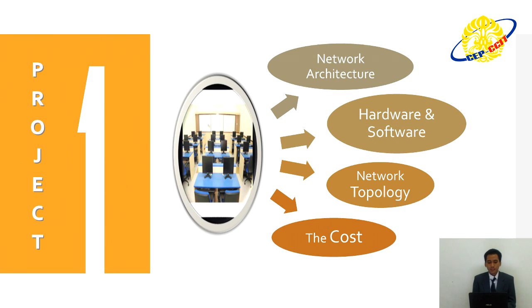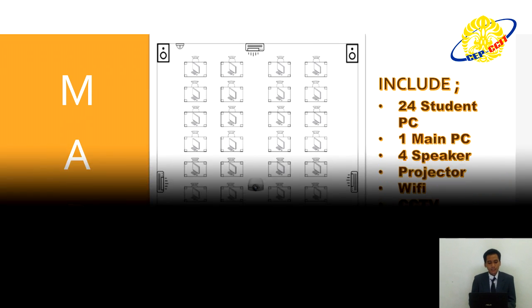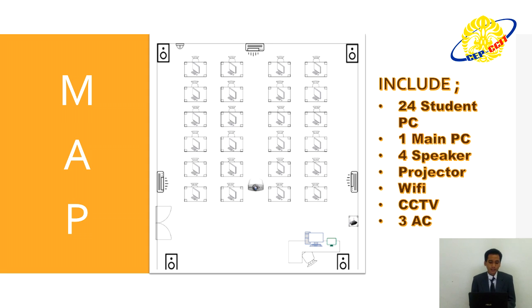Next page. In this project, we will talk about the network architecture, hardware, and software needed for this school lab, the design of the network topology, and the cost of all of it. Next page. As we can see, the school lab that we design has 25 PCs, with one main PC and 24 student PCs.